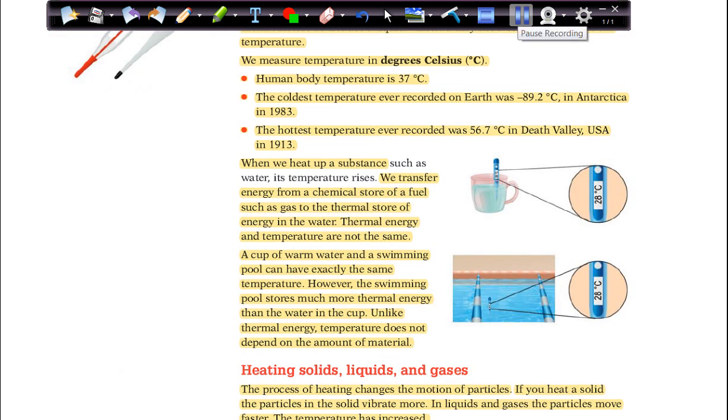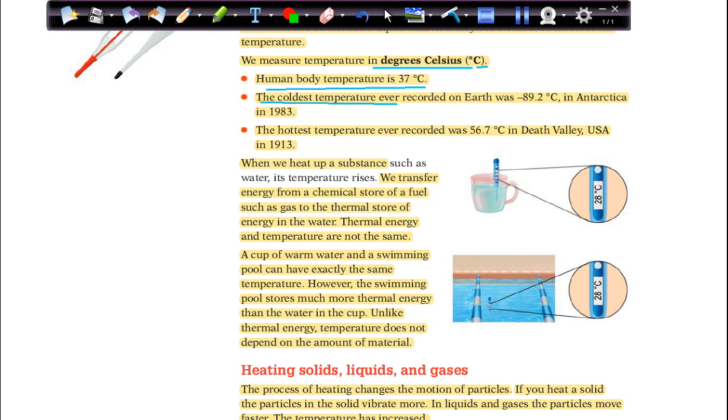So what's the unit that we measure temperature with? We use degrees Celsius, which is this sign. Human body temperature is 37 degrees Celsius. Some countries use the unit called Fahrenheit, but we are using degrees Celsius.